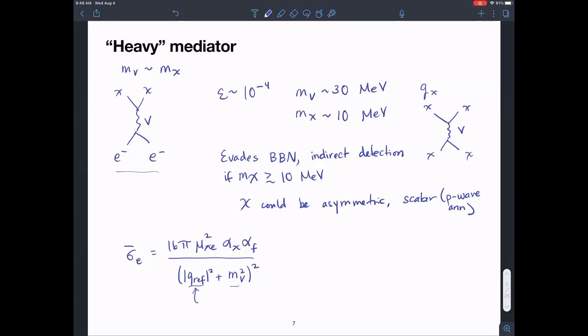As we'll discuss a lot more later, this reference momentum is given by the fine structure constant times the electron mass. So with the dark photon mass being 30 MeV, this is much larger than the reference momentum, which is about 3.7 keV.